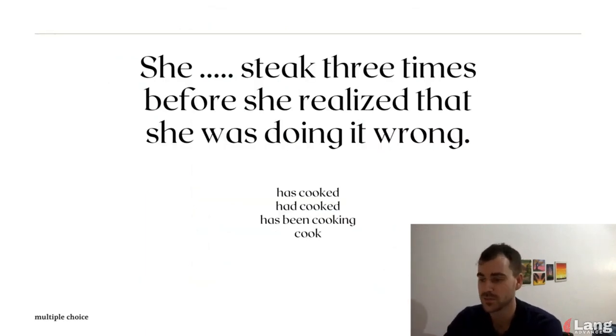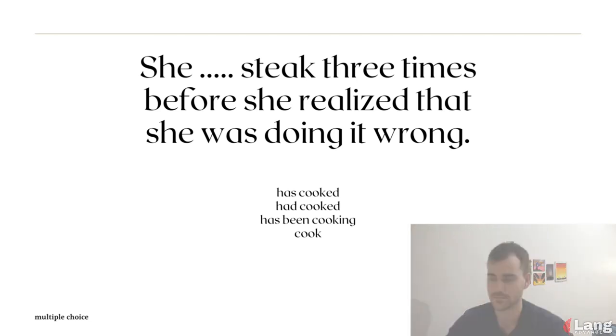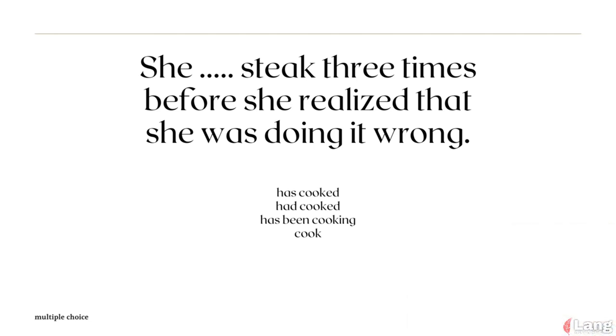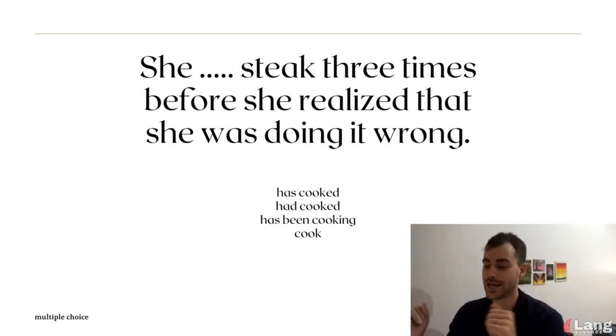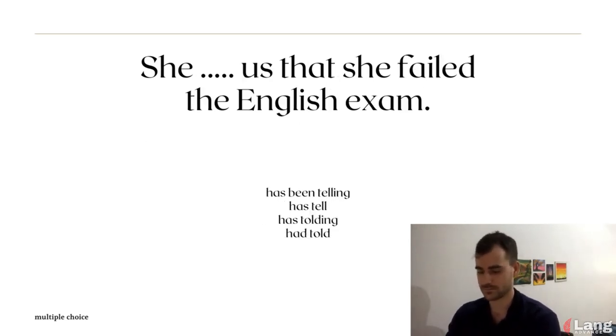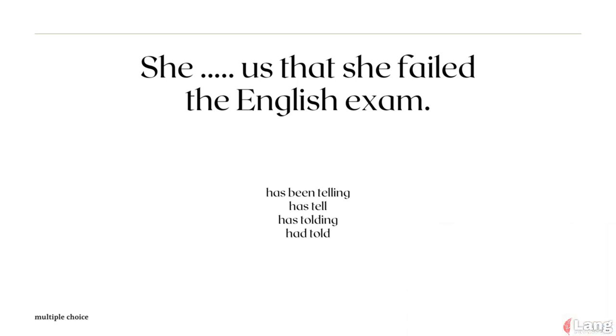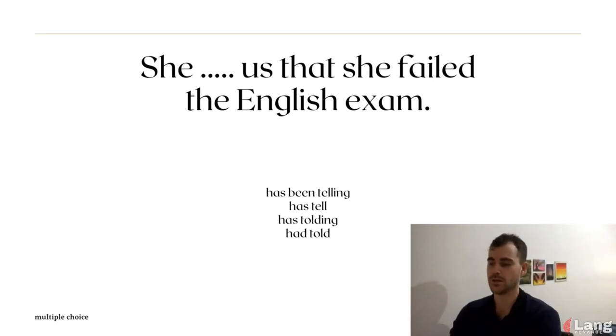The first part is multiple choice, so please read the sentence and choose the right answer. She had cooked steak 3 times before she realized that she was doing it wrong. She had told us that she failed the English exam.